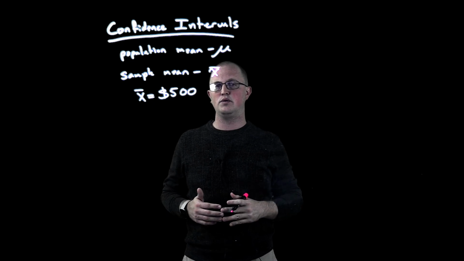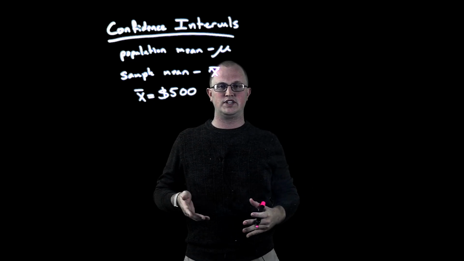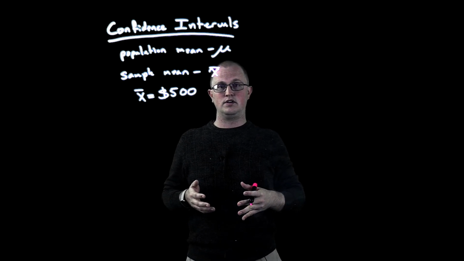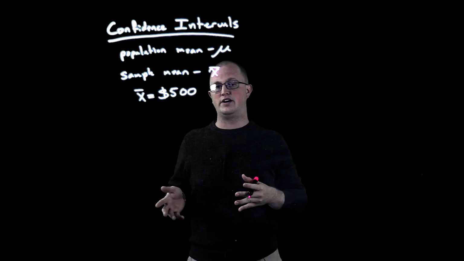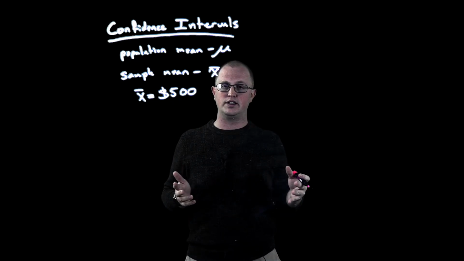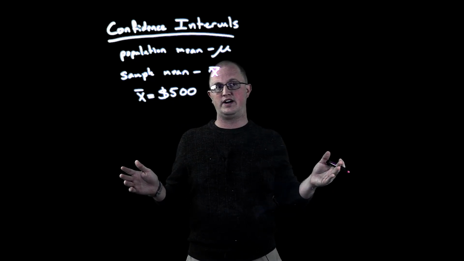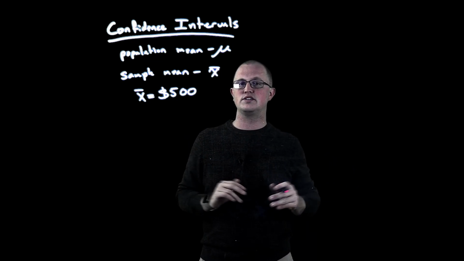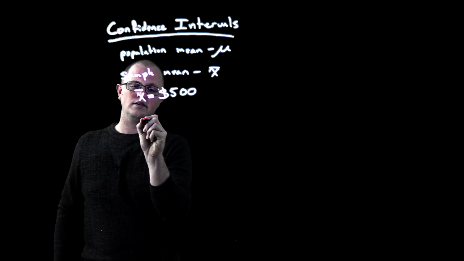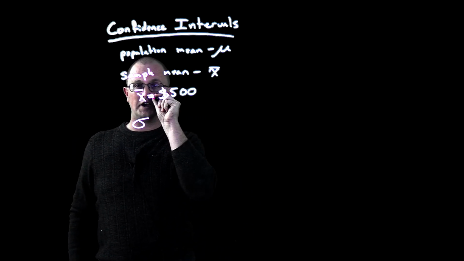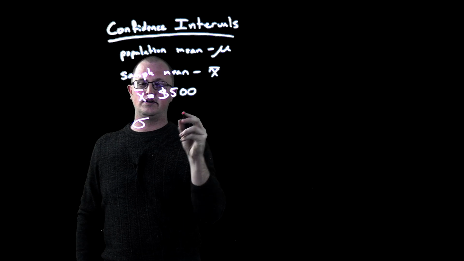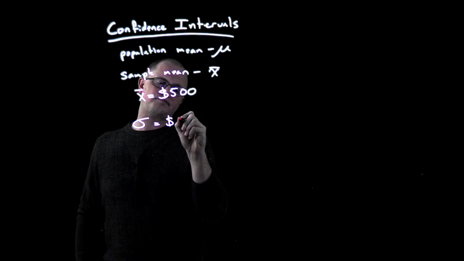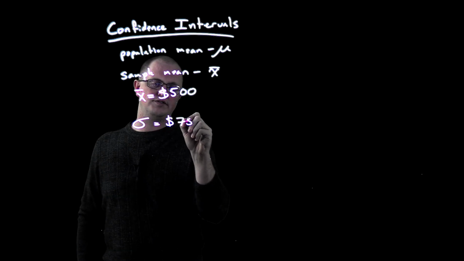And let's say that we have some historical data that says that while the actual price of an apartment, the actual rent value, can go up and down depending on the market, the spread of the values in town has been pretty consistent. So let's say that we know that the standard deviation of apartment values in Owensboro is known to have a standard deviation of $75.